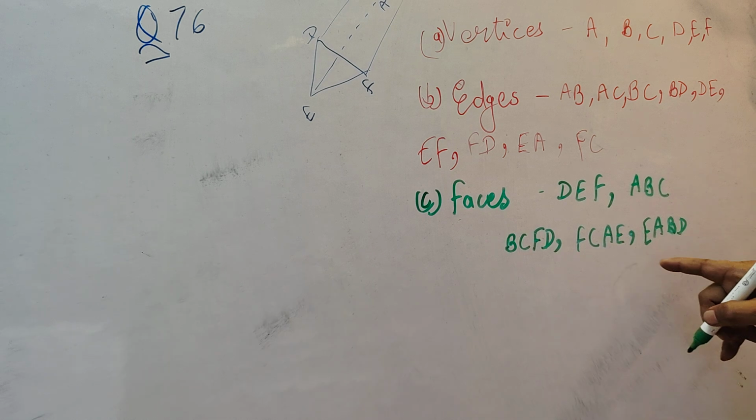So three are rectangular and two are triangular, a total of five faces.